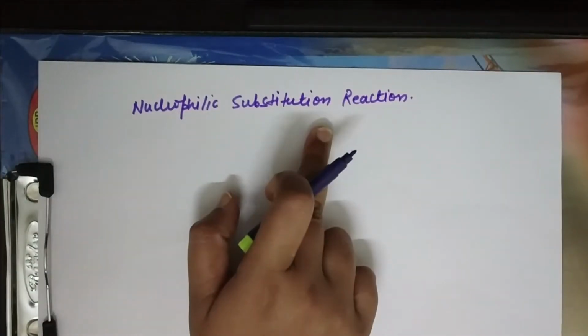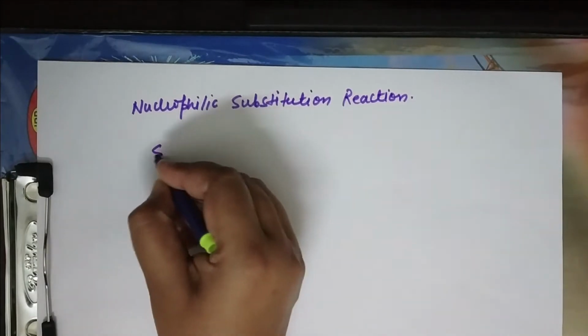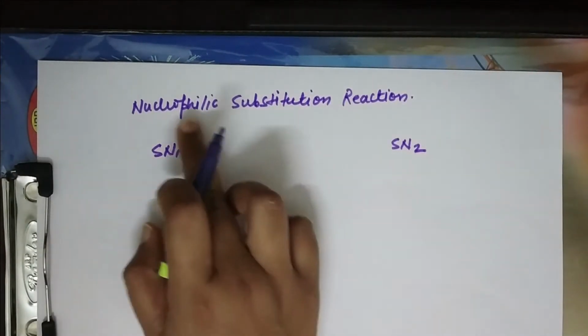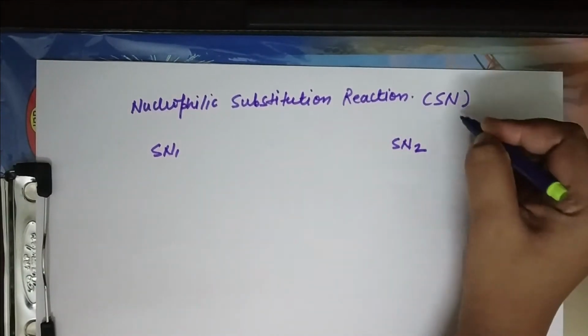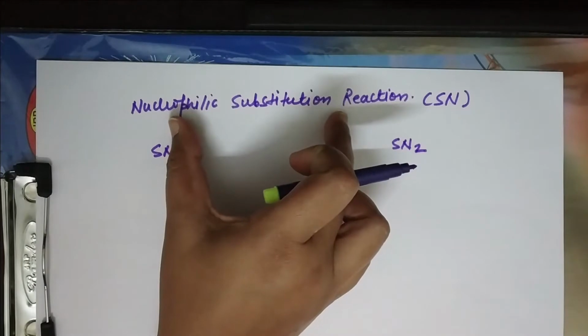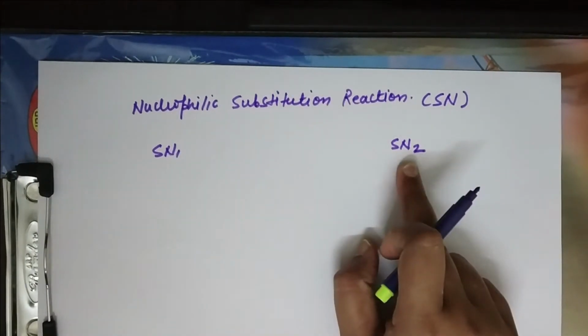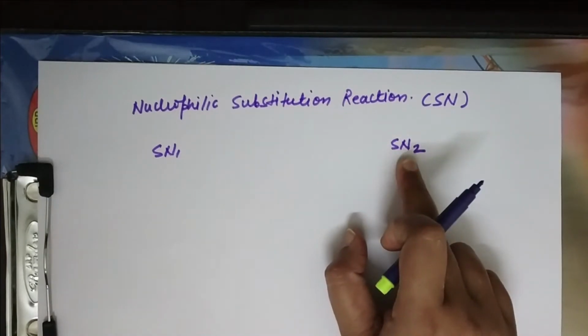Generally, the nucleophilic substitution reaction proceeds in two ways, known as SN1 and SN2. So here the nucleophilic substitution is represented by SN type reactions. This nucleophilic substitution is classified into two types, SN1 and SN2 type: SN1 nucleophilic substitution and SN2 nucleophilic substitution.